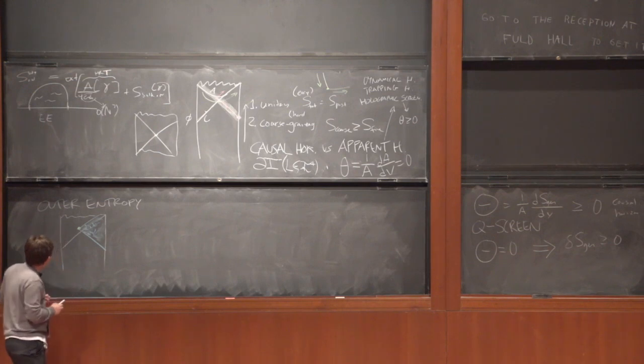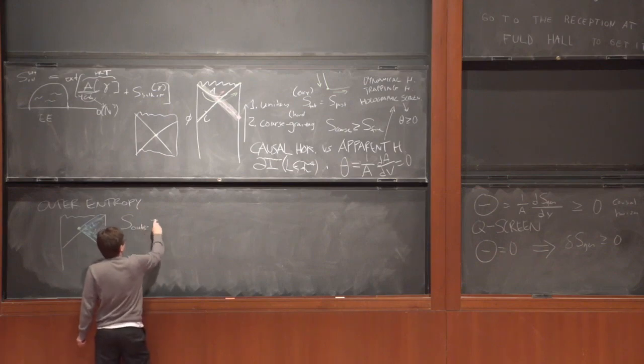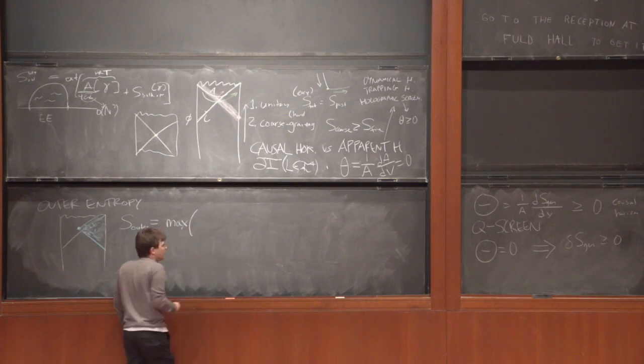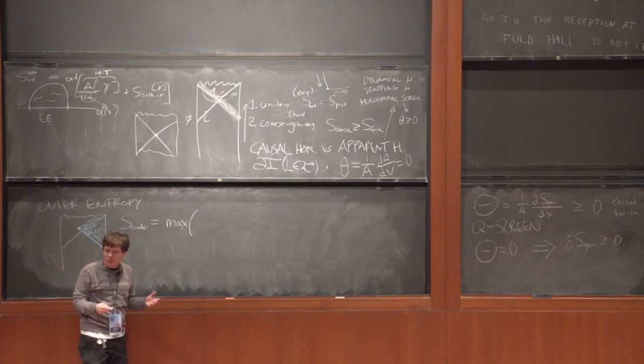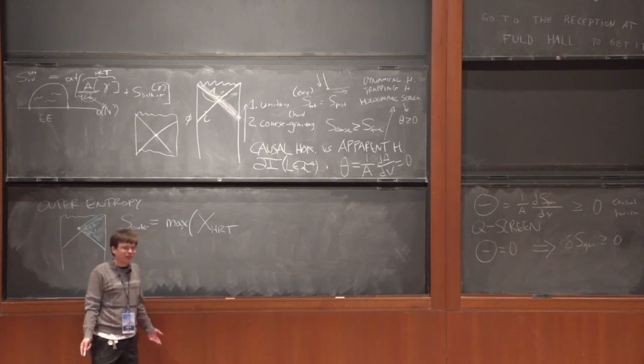So what we do is we define the outer entropy as the maximizing of the, now this is the one step at this stage where I'm using holography. I'm using that we know it's this HRT extremal surface is the fine-grained entropy on the boundary.